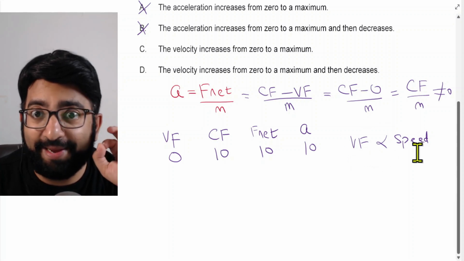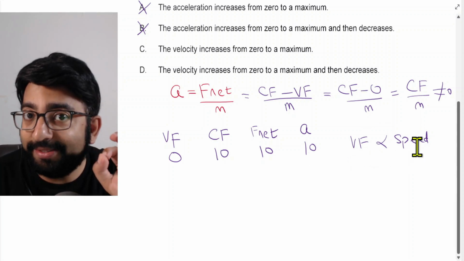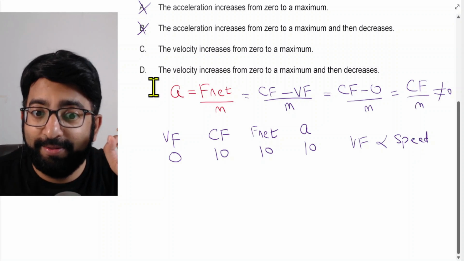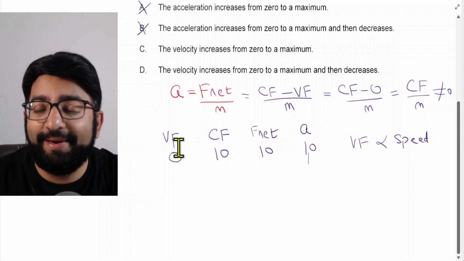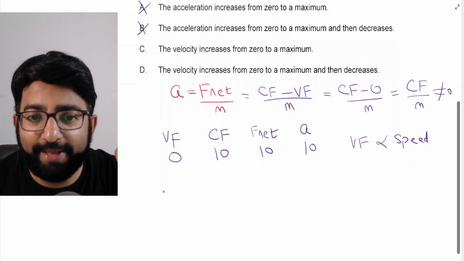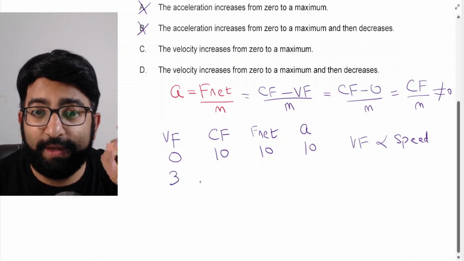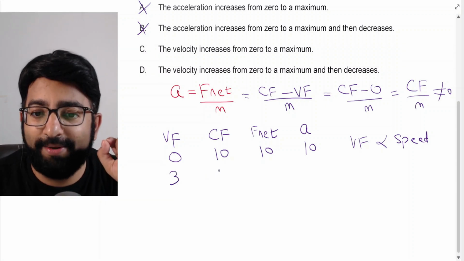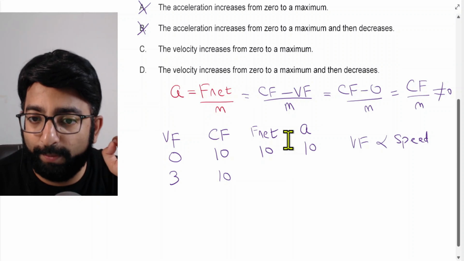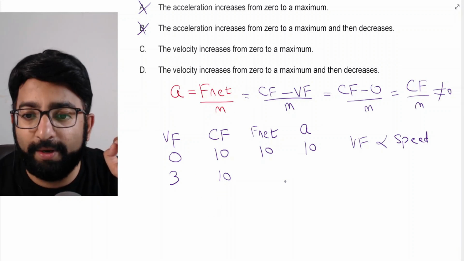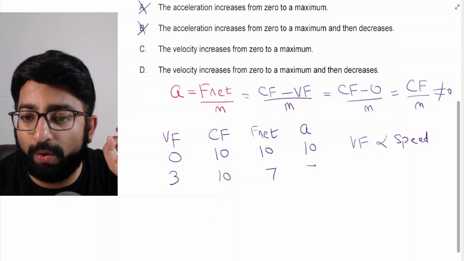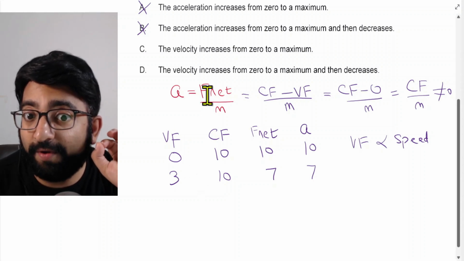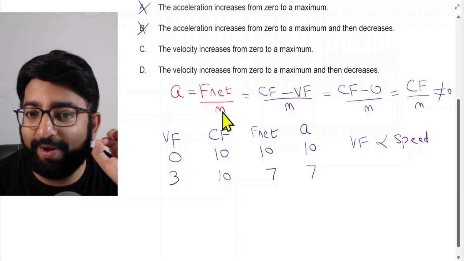The varying force is directly proportional to speed. As the object picks up speed, the varying force will become greater than 0. So hypothetically, let's say the varying force becomes 3. The constant force, on the other hand, stays at 10. So what will be the net force? 10 minus 3 becomes 7. Acceleration will also be equal to 7, as we have assumed that mass is equal to 1 kilogram.